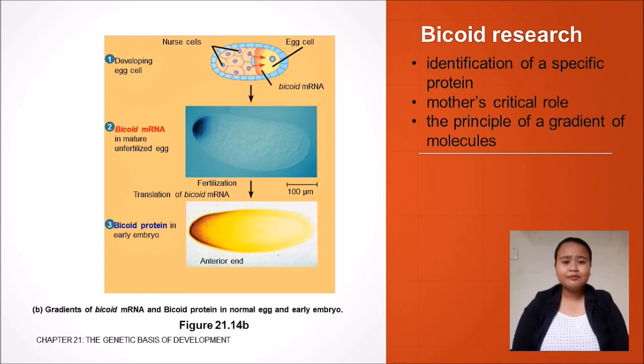Second, it helped us understand the critical role of the mother in the initial phases of embryonic development. And lastly, it helped prove that the gradient of molecules is a key developmental concept in a number of species.